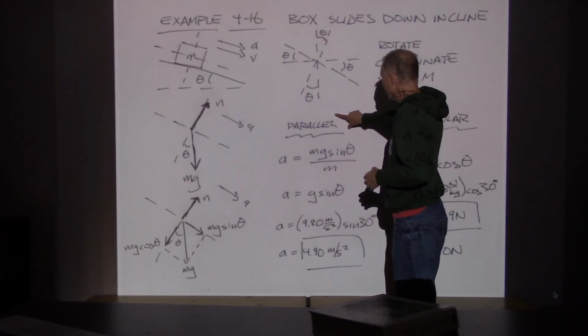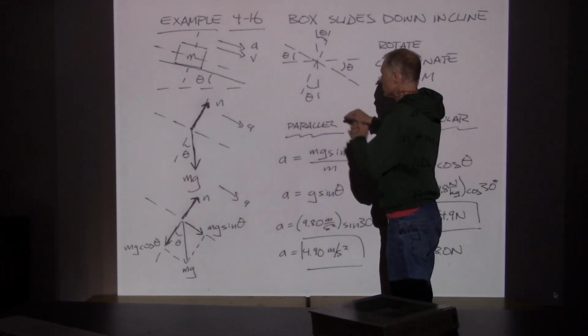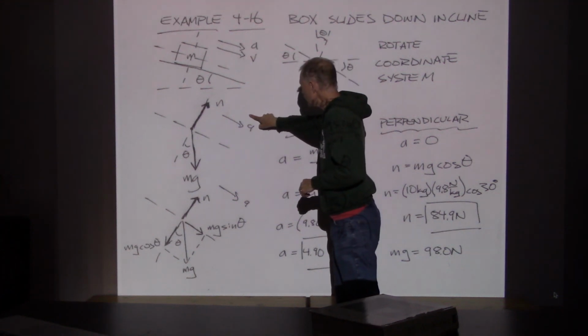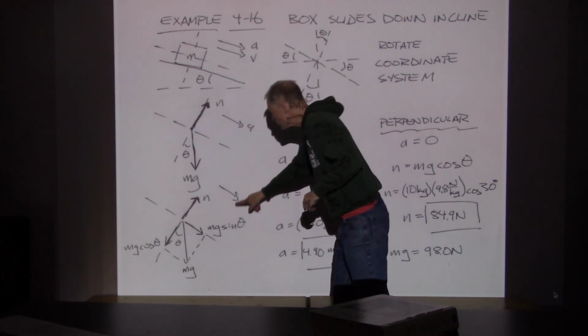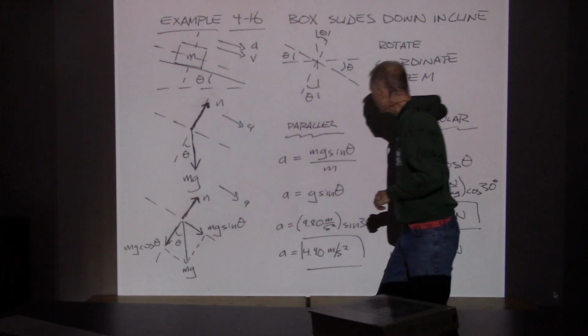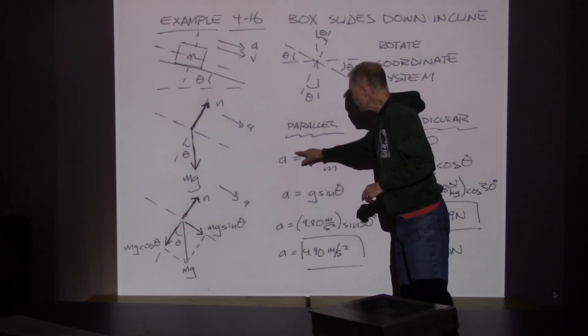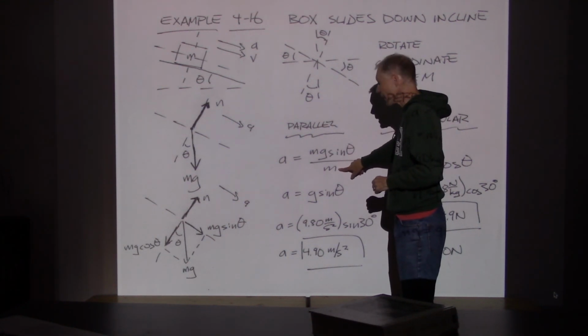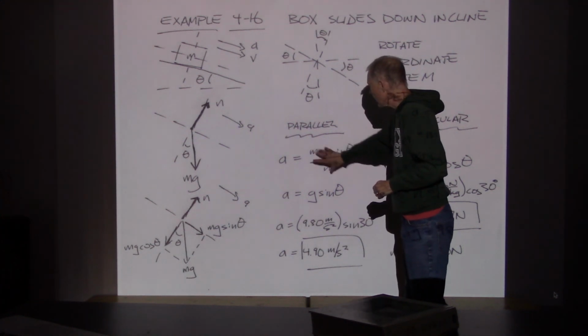So in the x direction, we do have an acceleration. It's due to mg sine theta, and I can set up a formula of the force, mg sine theta, divided by m, the inertia. The m's cancel.